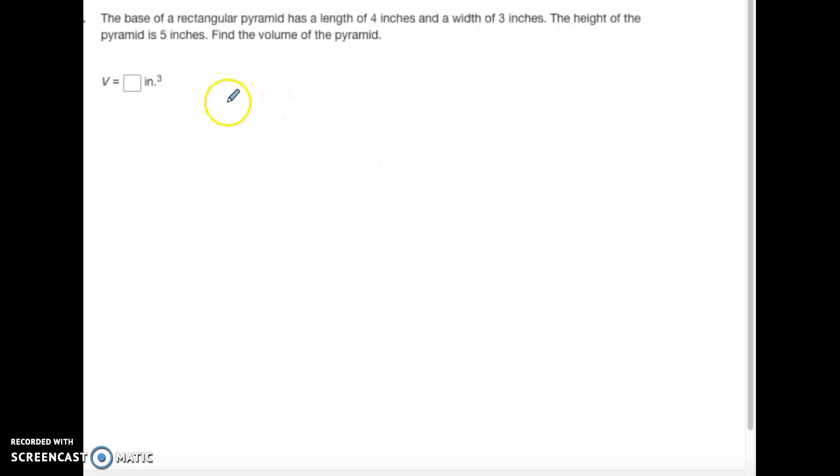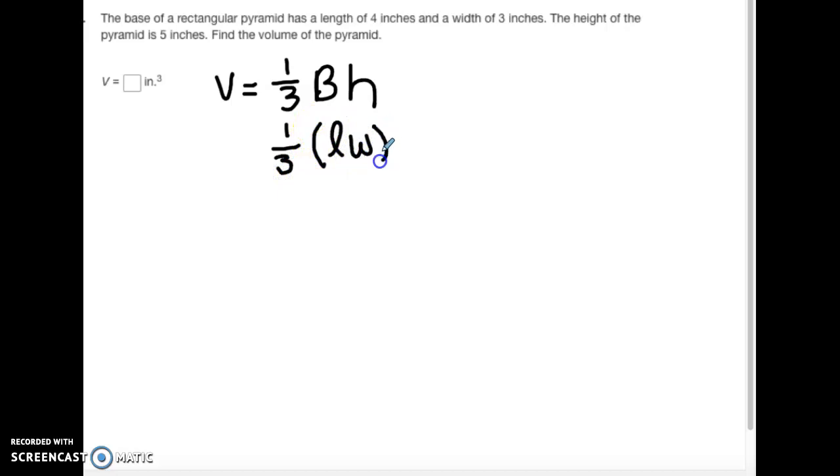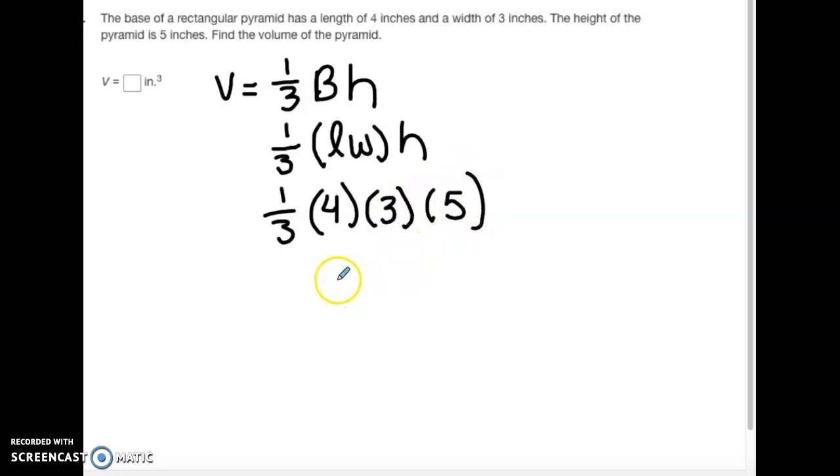Number 8. Pyramid volume equals 1/3 base area times height. We have a rectangular pyramid, so the base is length times width. So 1/3, the length of the base is 4, the width of the base is 3, the height of the whole pyramid is 5. So we get the total volume is 20 inches cubed.